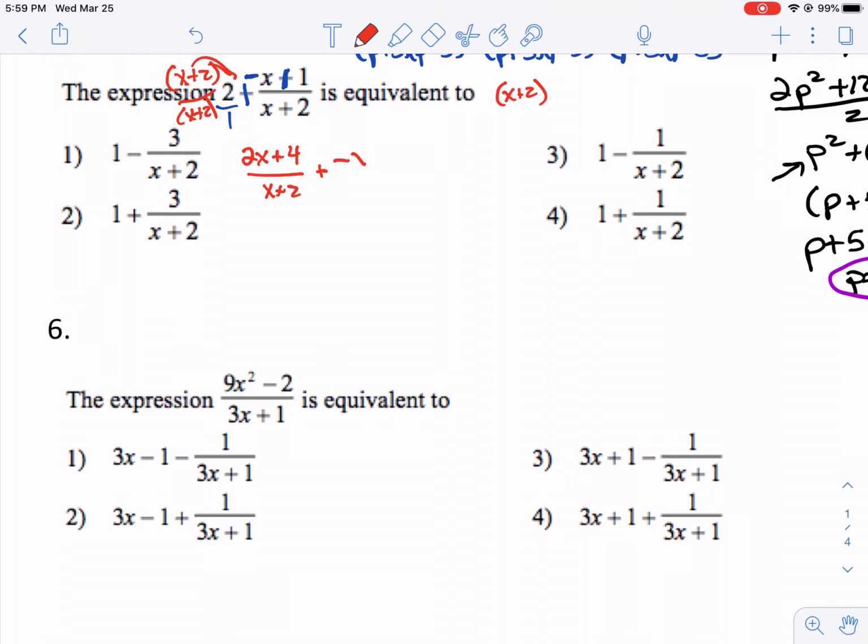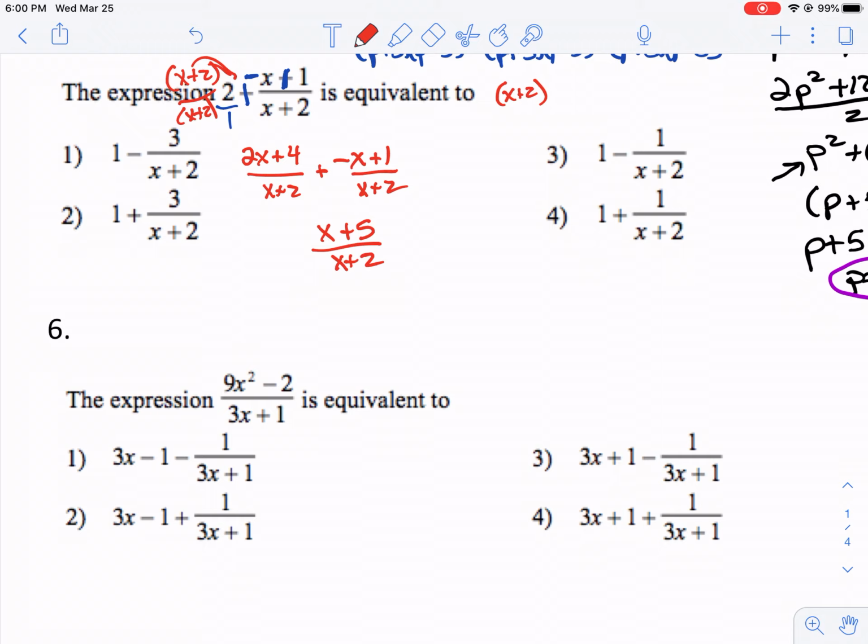And then I'm going to add a negative x plus 1 over x plus 2. And now that the denominators are the same, I add the numerators. Well, 2x minus x is x. 4 and 1 make 5 over an x plus 2. And I don't see that answer choice anywhere.